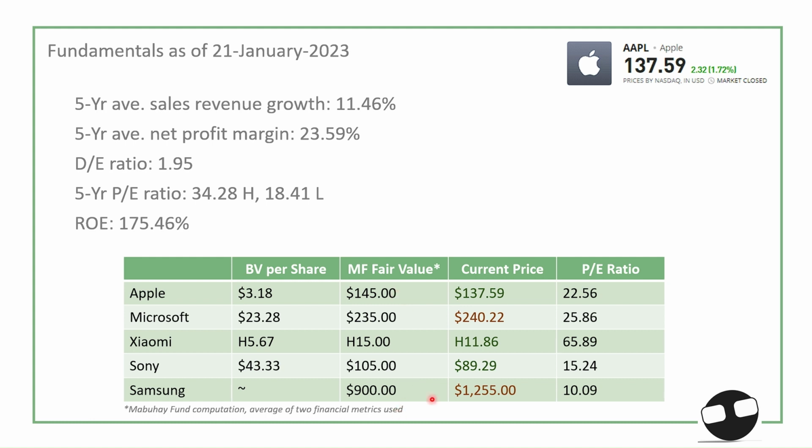But for Samsung, we have a fair value of 900, current price of 1255, so it's a bit overvalued. But if you look at the PE ratio, Samsung is actually one of the companies with very affordable PE ratio, and the most expensive one is Xiaomi. But let's see if the fundamental would also fit or recommend the technical.